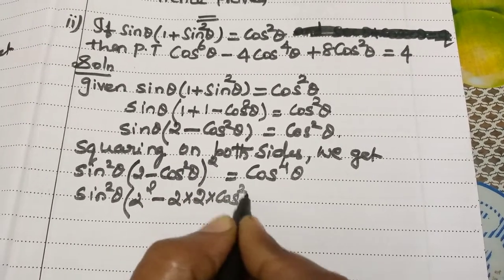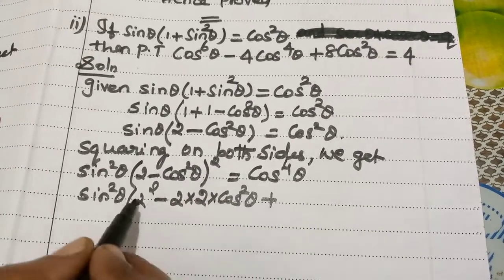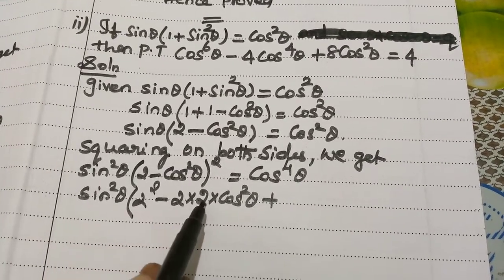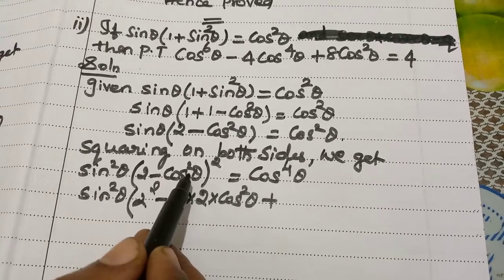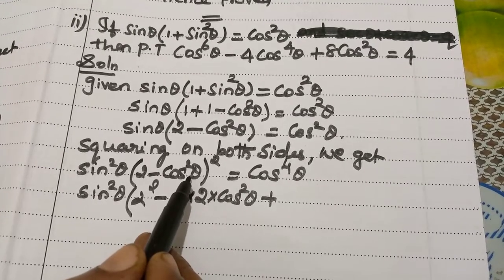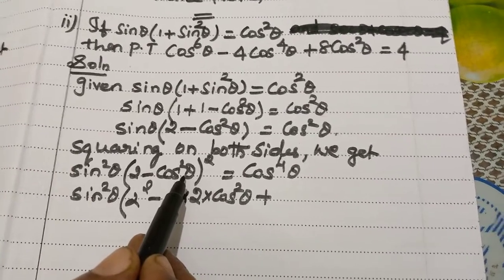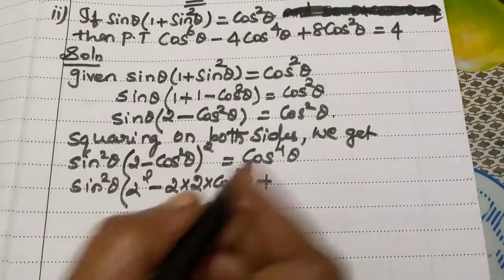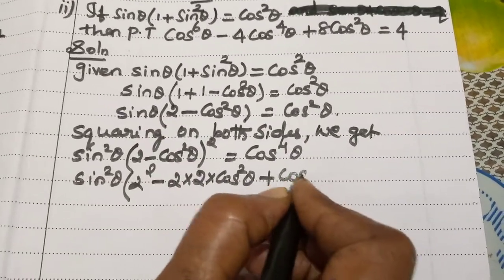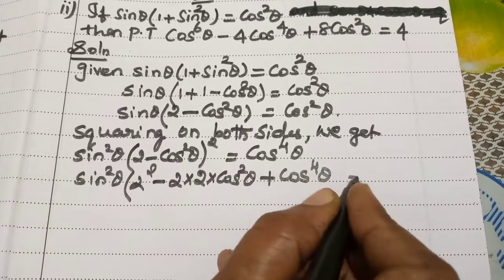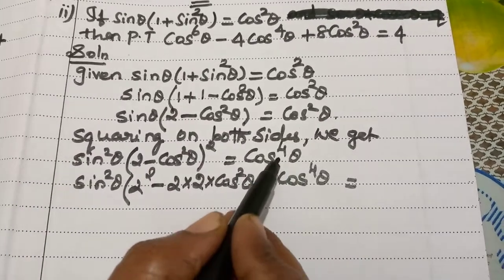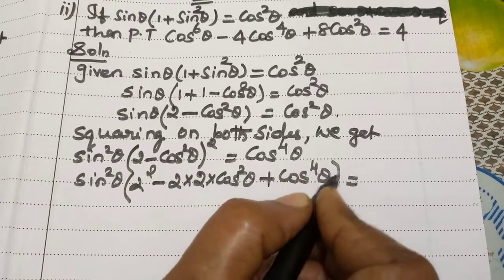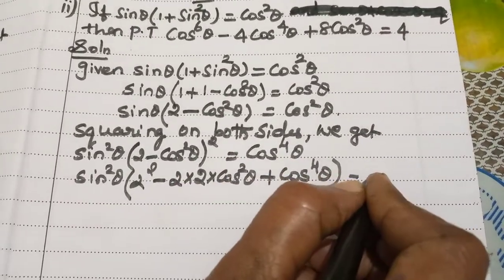Plus a square minus 2ab term over 2ab plus b square, that is cos square theta the whole square, means cos square theta into cos square theta is cos power 4 theta. Cos power 4 theta is equal to, right side cos power 4 theta. Here close this bracket. Right side cos power 4 theta.